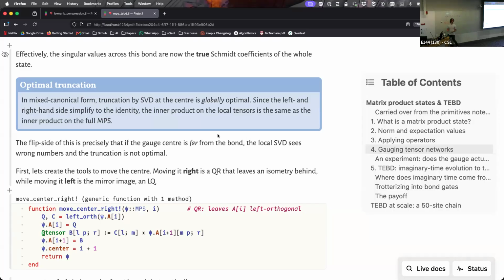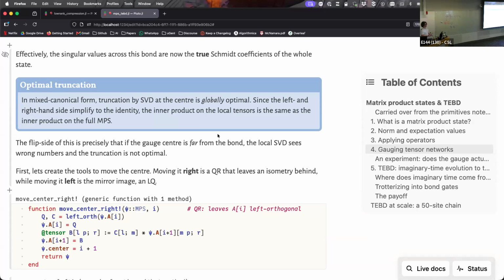Is this making sense? Can you just do this for the center one? Sorry, I didn't catch that. You can move this anywhere. You can select any site you like.